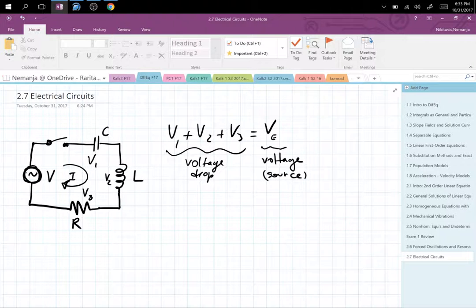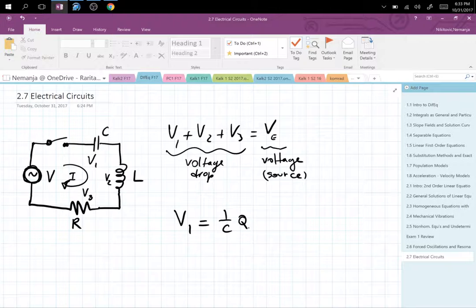Now, our V1 is the voltage that we assign to a capacitor, and the capacitor voltage is going to have 1 over capacitance times Q. Q is charge.